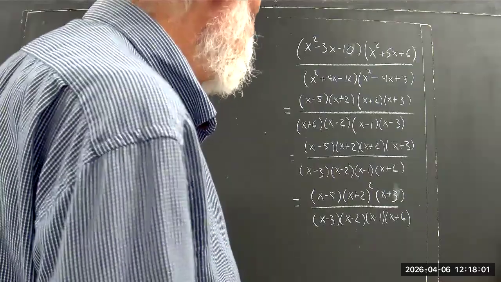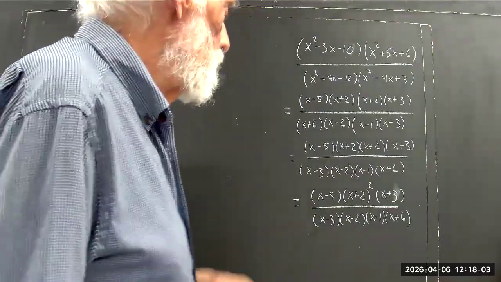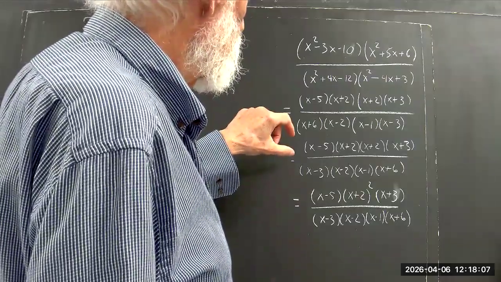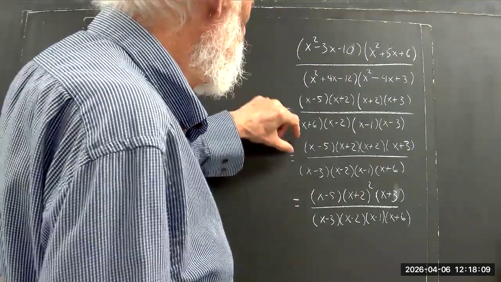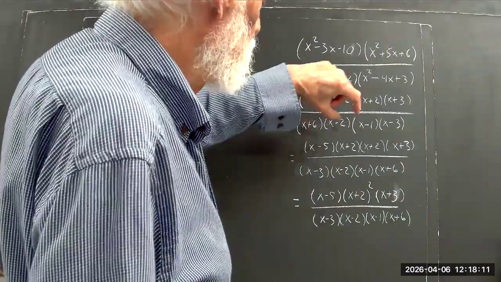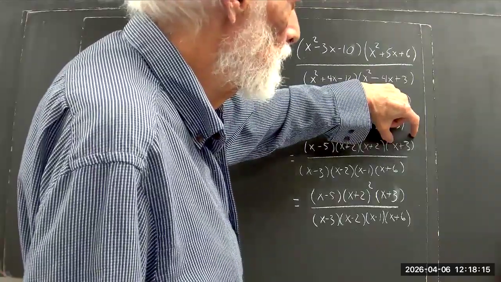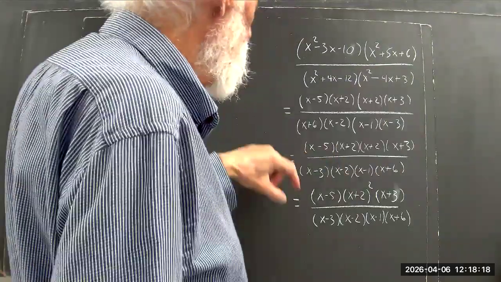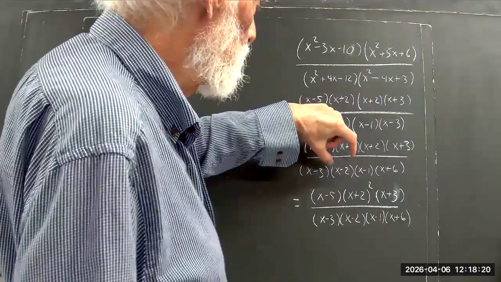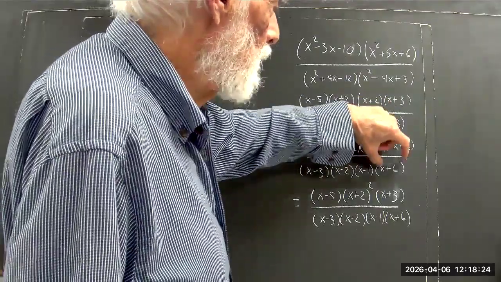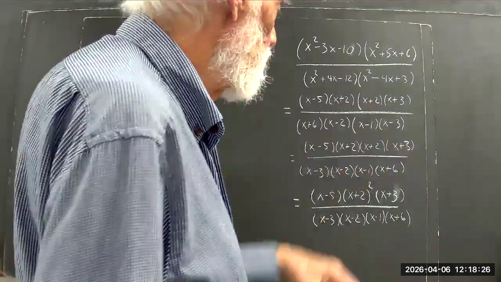Leading us then to the expression with numerator quantity x minus 5 times the quantity x plus 2 times the quantity x plus 2 times the quantity x plus 3. In the denominator, the quantity x minus 3 times the quantity x minus 2 times the quantity x minus 1 times the quantity x plus 6.